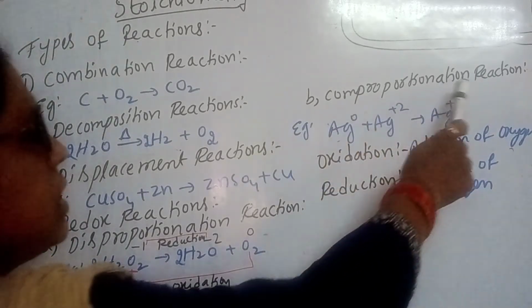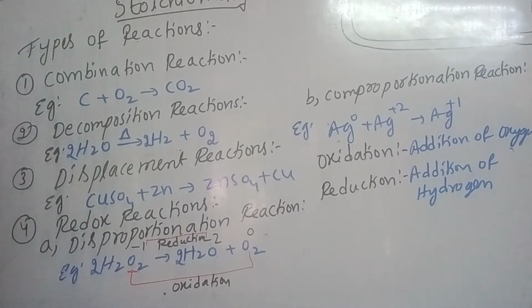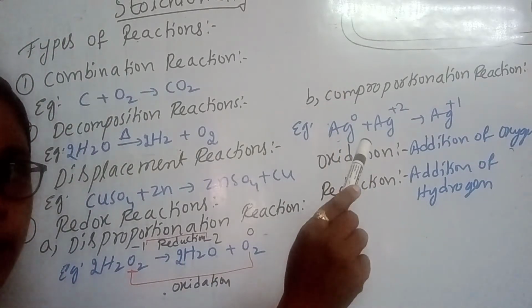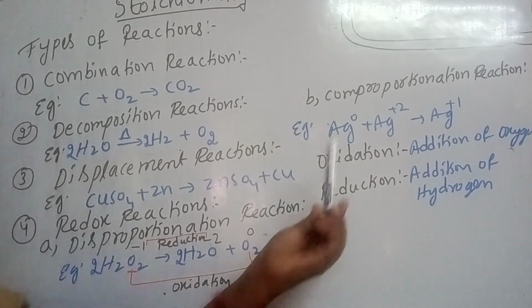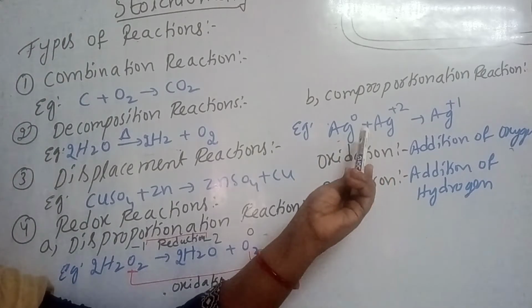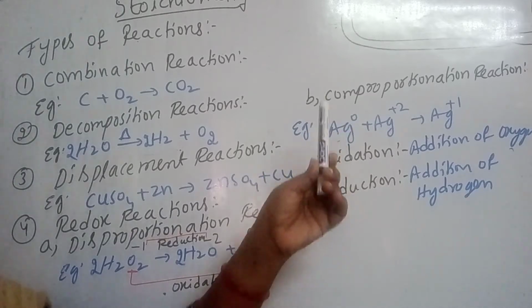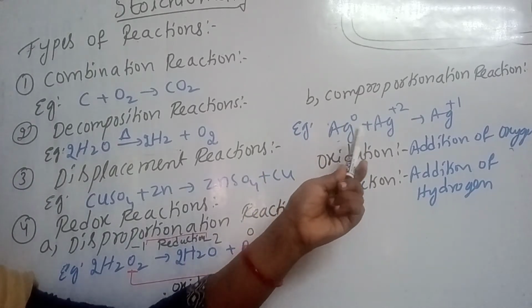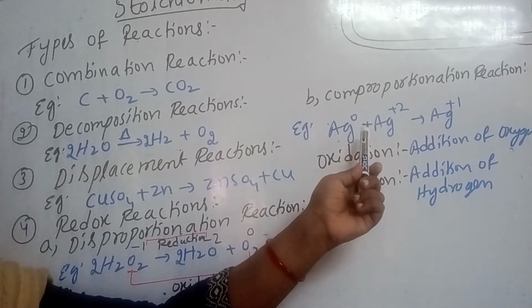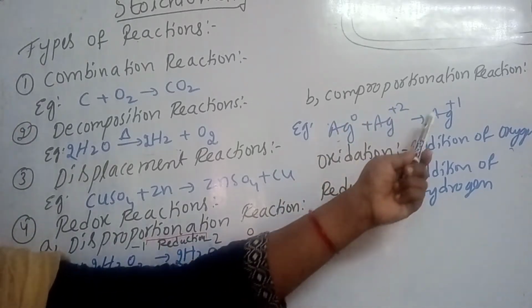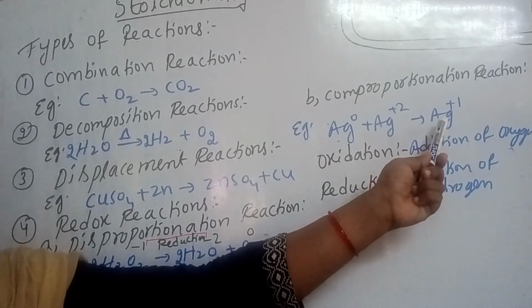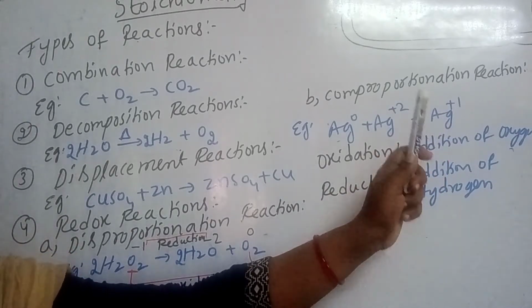And next, comproportionation reaction. Comproportionation means the same element in different oxidation states combines to form a single product which has an intermediate oxidation state.